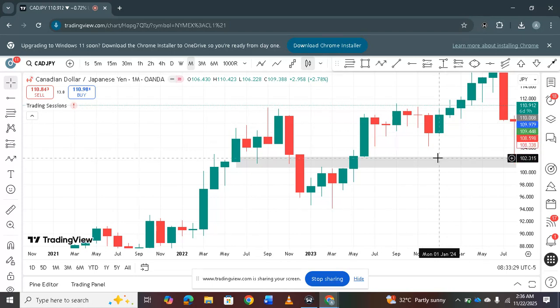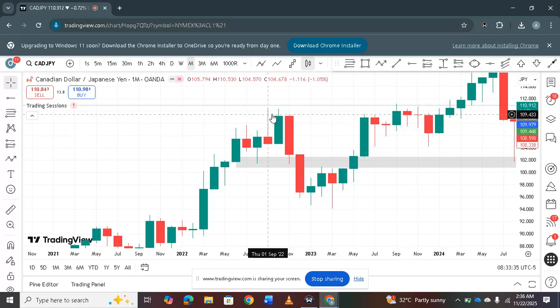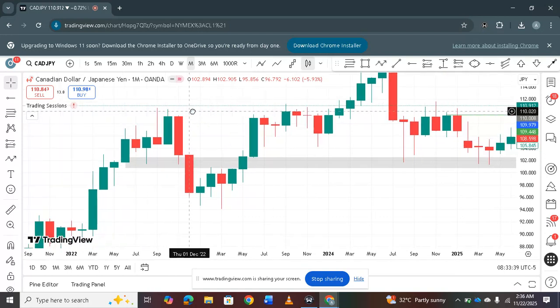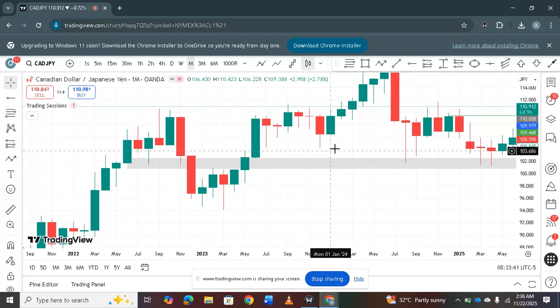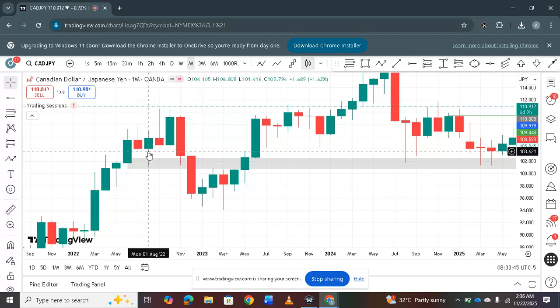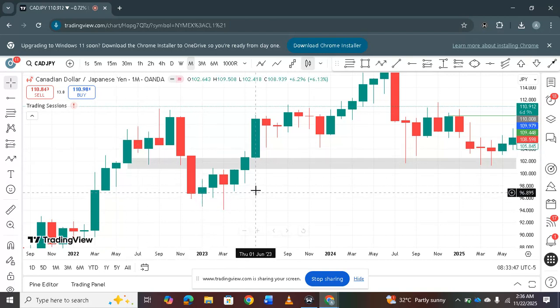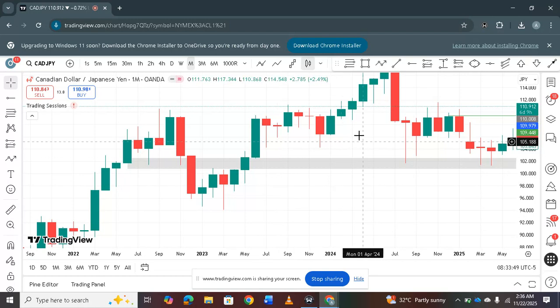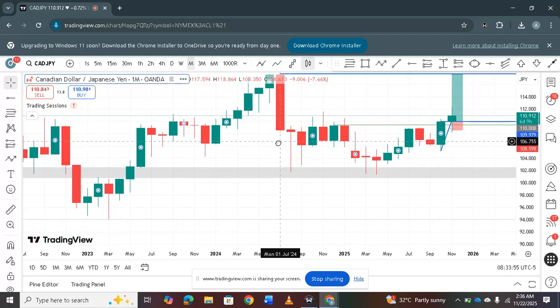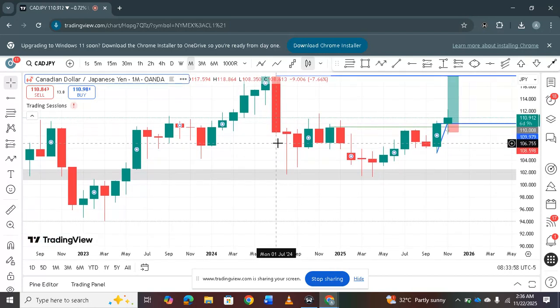The market came back, tried to take out this, but gave us a head and shoulder pattern. If you understand what I mean by head and shoulder pattern, on the monthly we have the head and the left shoulder, and you can see where the market came back again to retest that head and shoulder pattern.